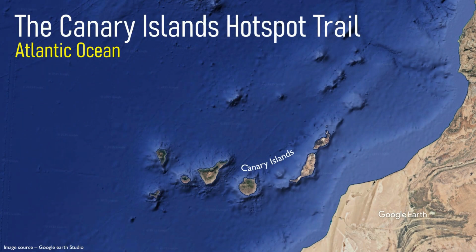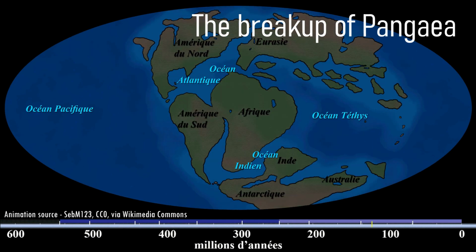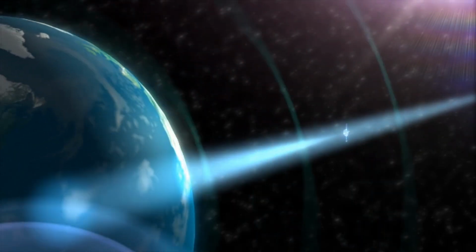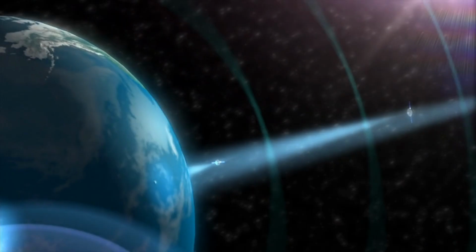Similarly, hotspots in the Atlantic Ocean help scientists reconstruct how continents drifted apart after Pangaea broke up. Today, GPS, satellites, and high-precision receivers provide another powerful way to measure plate motion.